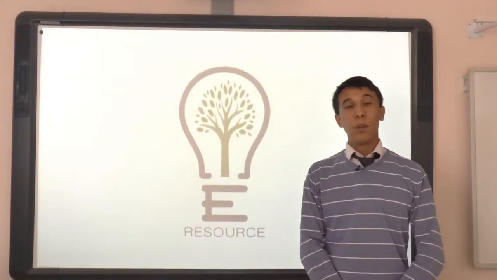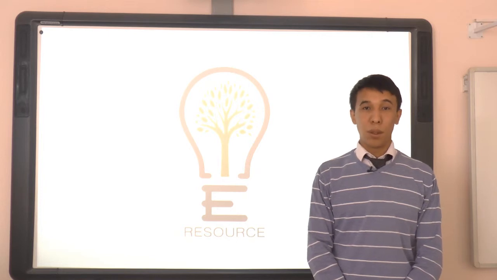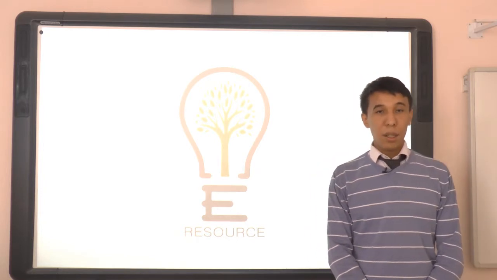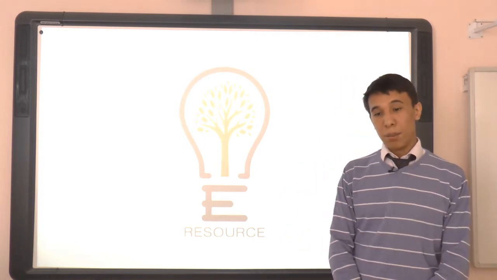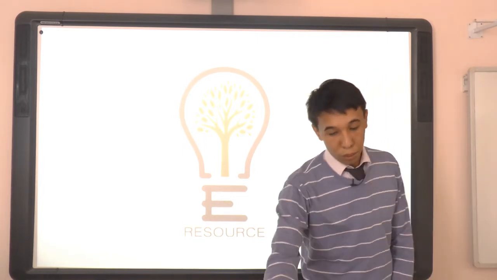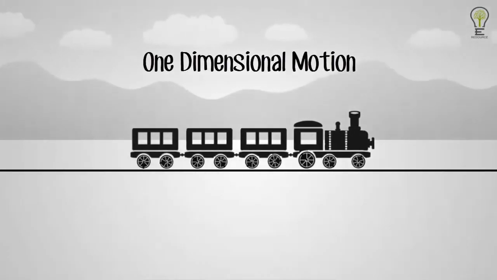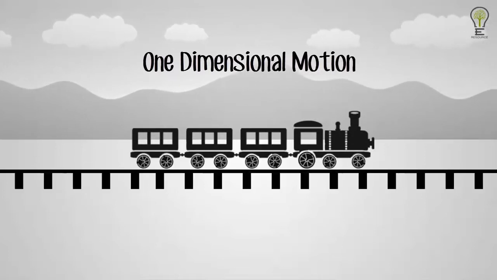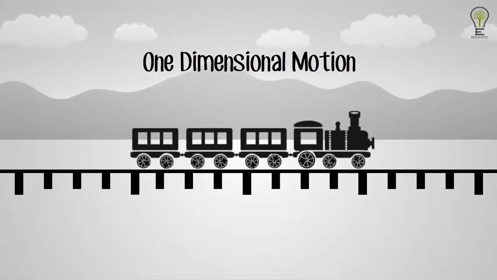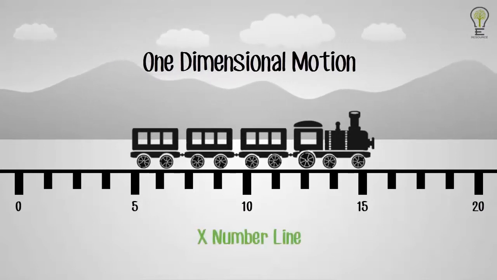Okay students, we just reviewed our home task and remembered something from the last topic, and now let's start our today's lesson. We are going to learn about one-dimensional motion. One-dimensional motion is in a straight line, and this straight line is called the x-axis, or in some cases the x number line.